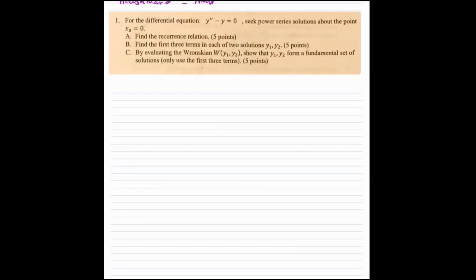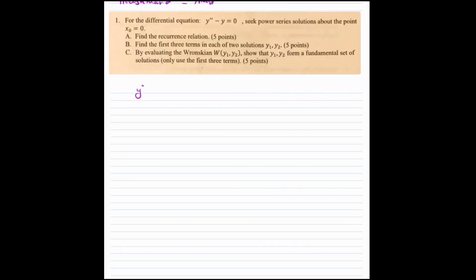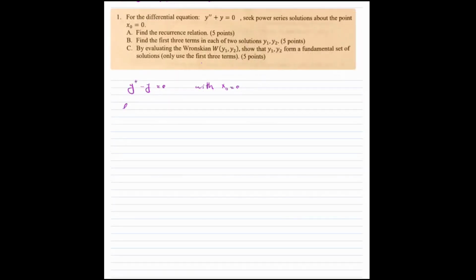Hi everyone, we want to solve this differential equation with power series. The initial problem is y double prime minus y equals 0 with initial point x0 equal to 0. So we have y equal to the sum from n equals 0 to infinity of a_n x^n.